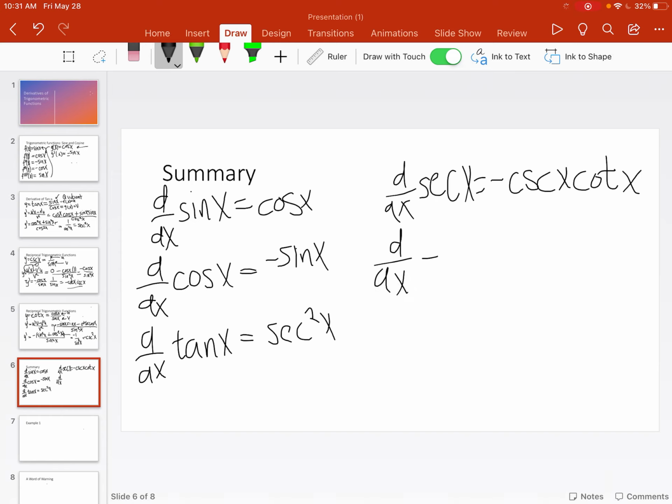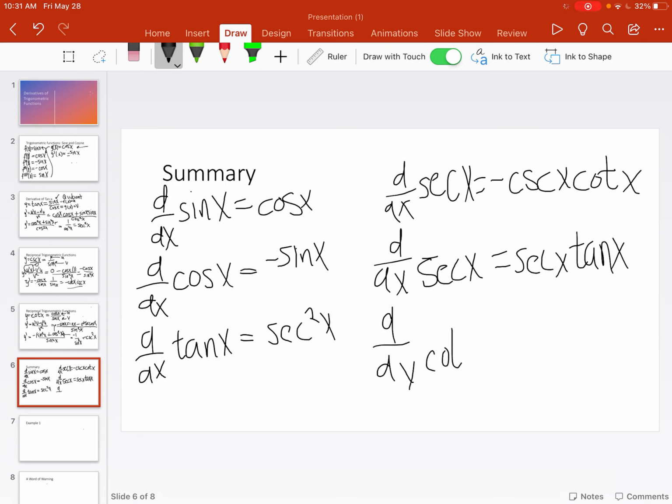Okay, I'll explain what I was going to say after I write these down, so it's not distracting. The derivative of secant x is secant x times tangent x, and the derivative of cotangent x is negative cosecant squared x. Like I was saying, it's very important to know the derivations.